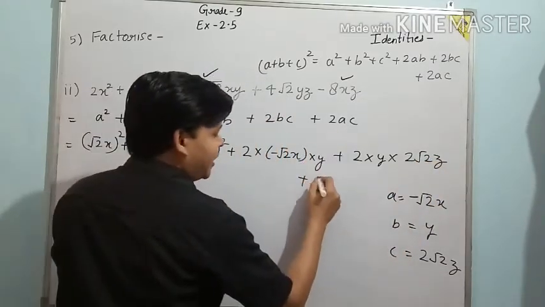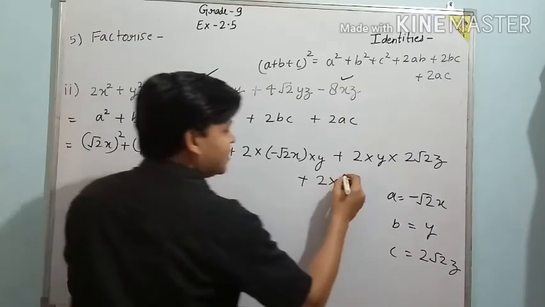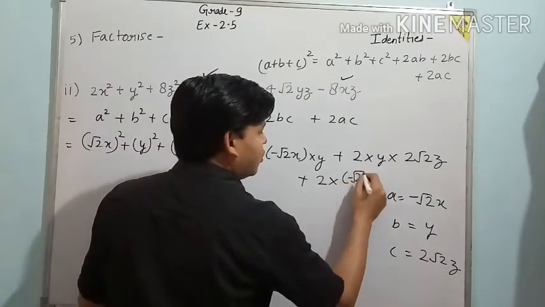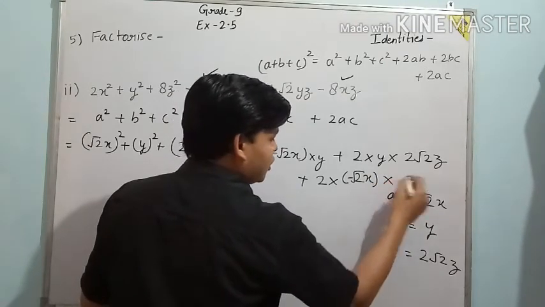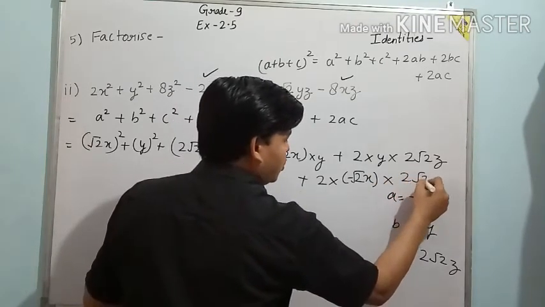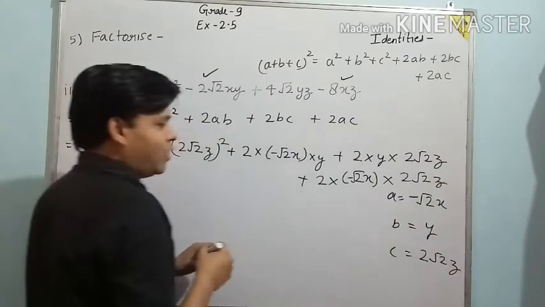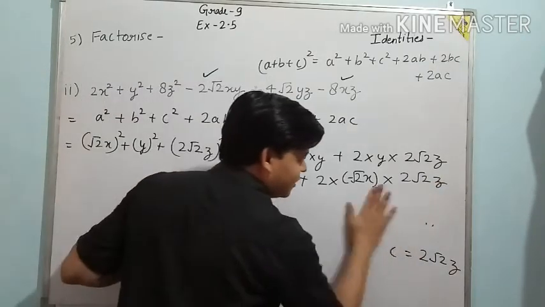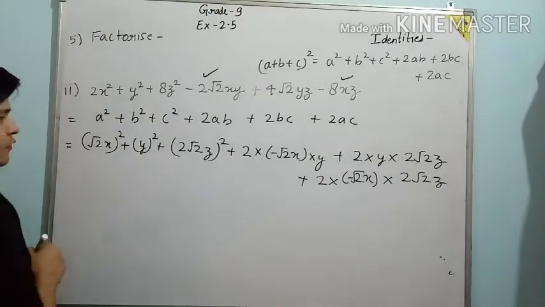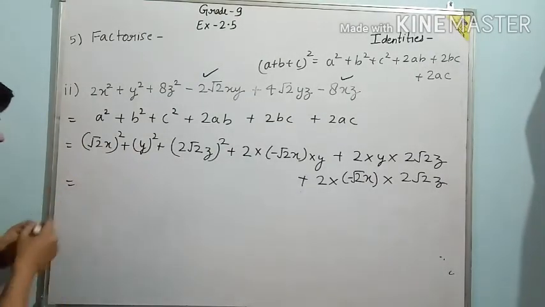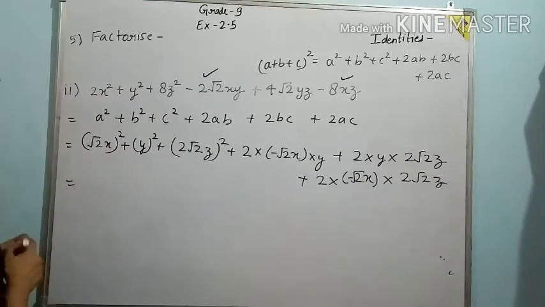So I am writing here 2 into a, which is minus root 2x, and c is 2 root 2 z. Now I have written all these three values, so I am erasing this because it can make us confused.